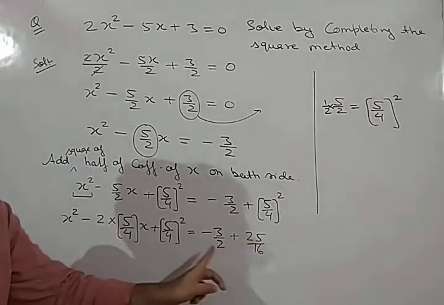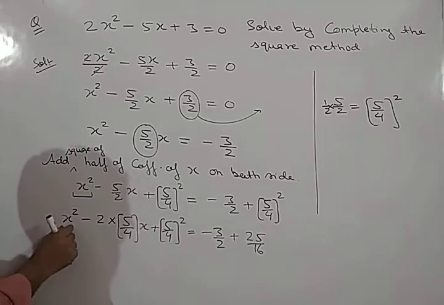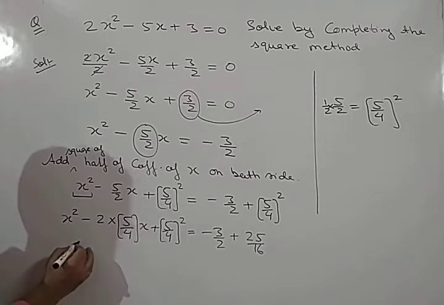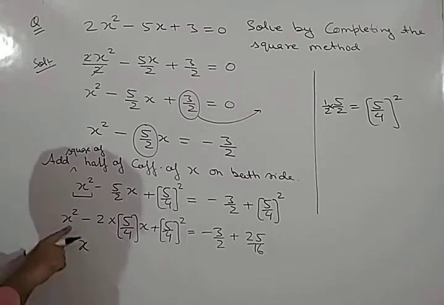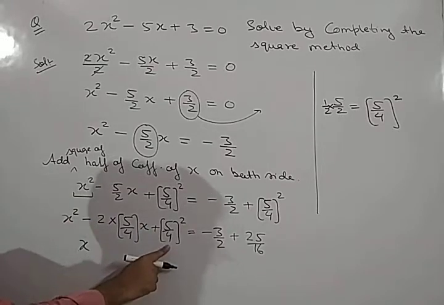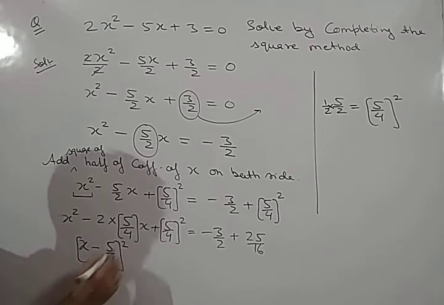Making it square, we are getting minus 3 by 2 plus 25 by 16. Okay, now this is a square plus b square minus 2ab. It means it will form the identity of a minus b whole square. So what is a? Here a is x. And what is b? It is 5 by 4. So it will form the identity of x minus 5 by 4 whole square.